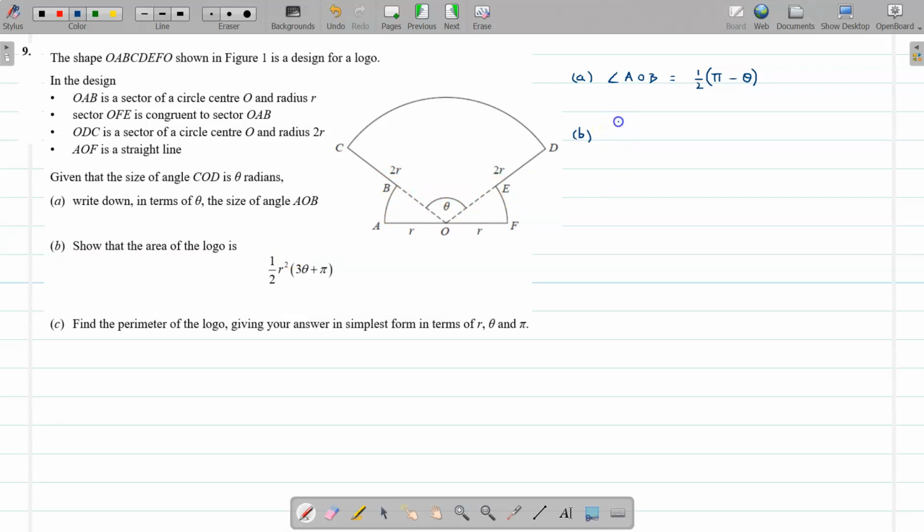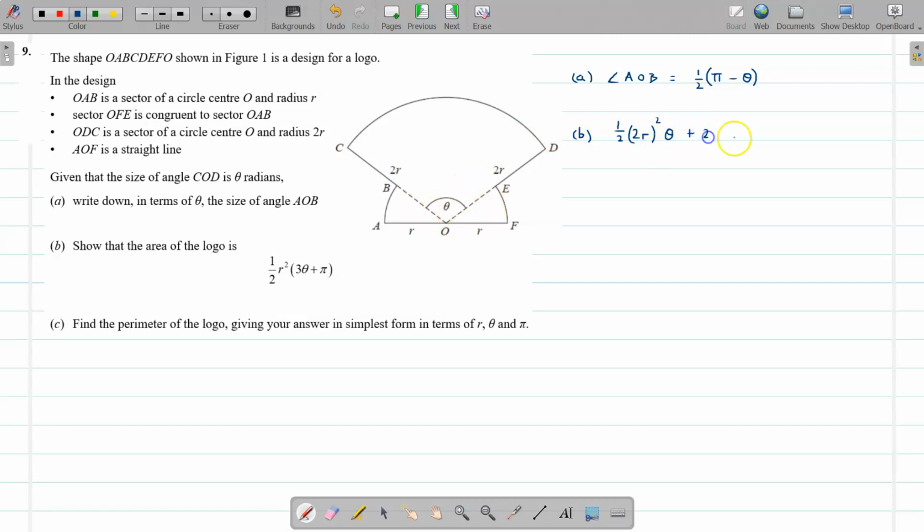I've said, well, it's a half of 2r, because the radius of this big part of the circle is 2r, half 2r squared theta. That's that part there. And then I've got two lots of these little bits here.